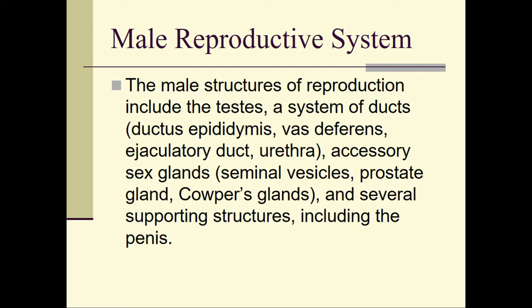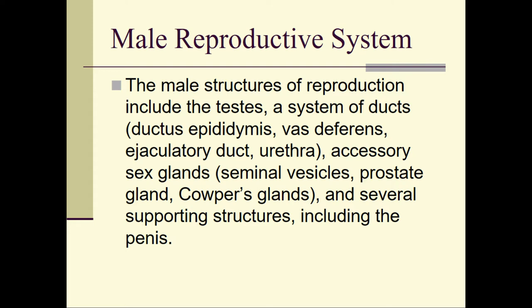The male structures of reproduction include the testes, also known as the testicles, a system of ducts, and those ducts include the ductus epididymis, the vas deferens, the ejaculatory duct, and the urethra. The accessory sex glands would include the seminal vesicles, the prostate gland, and the Cowper's gland, and several supporting structures, including the penis.